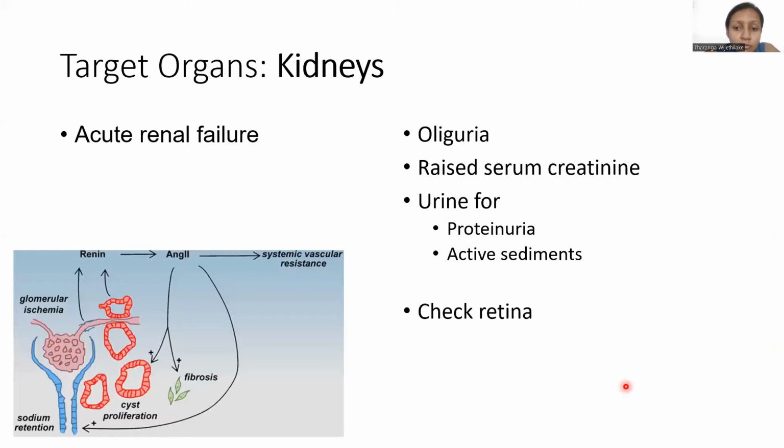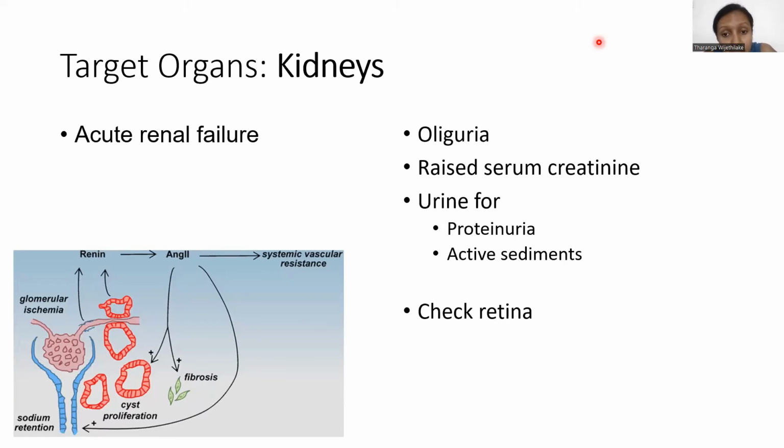Right. Then if you look at the kidney, now renal disease is quite prevalent in our country. Acute hypertension or hypertensive emergency may present as acute renal failure. It may present as acute and chronic renal failure as well. The patients can have oliguria or polyuria depending on how their renal disease is.